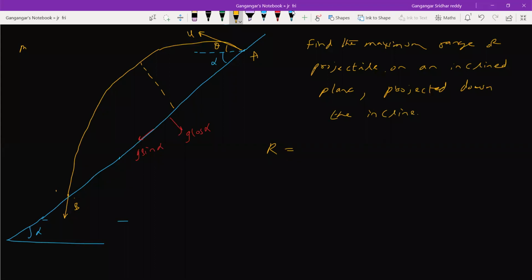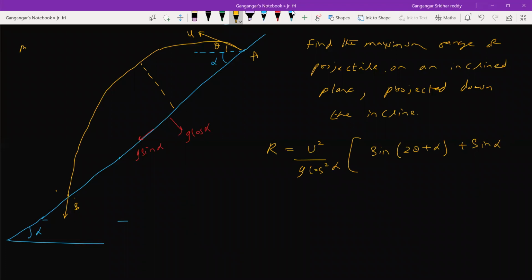Similarly, the same mathematics, if you solve it, I'll end up with an equation like this: sine of 2 theta plus alpha, plus sine alpha. Later you check the mathematics.